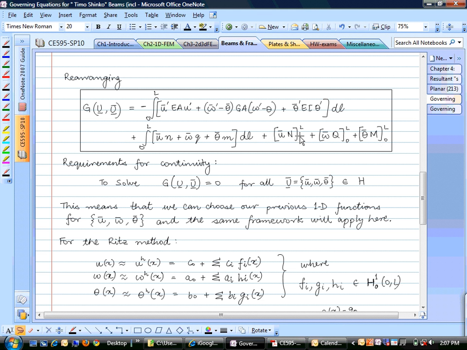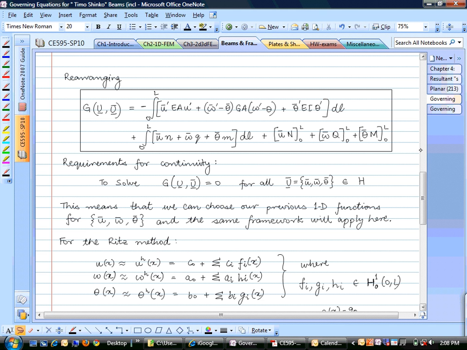Once again, this is the axial internal virtual work. This is the shear or transverse internal virtual work. This is the bending internal virtual work. And this would allow you to set up your equation like KD minus F, if you substitute in all the approximations.